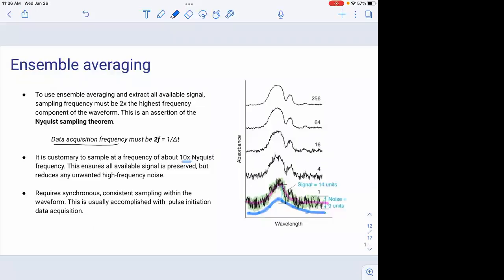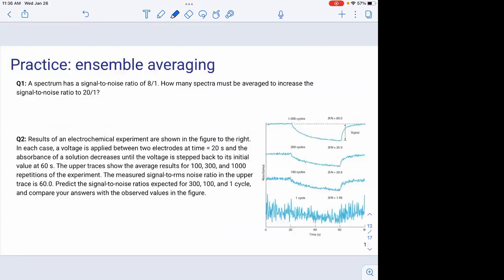So really what you're doing is you're synchronously, consistently sampling within that waveform. Right, I think that's a pretty simple concept. All right, so here's a couple of practice questions that I encourage you to do on your own. I'll post my answers on Brightspace.